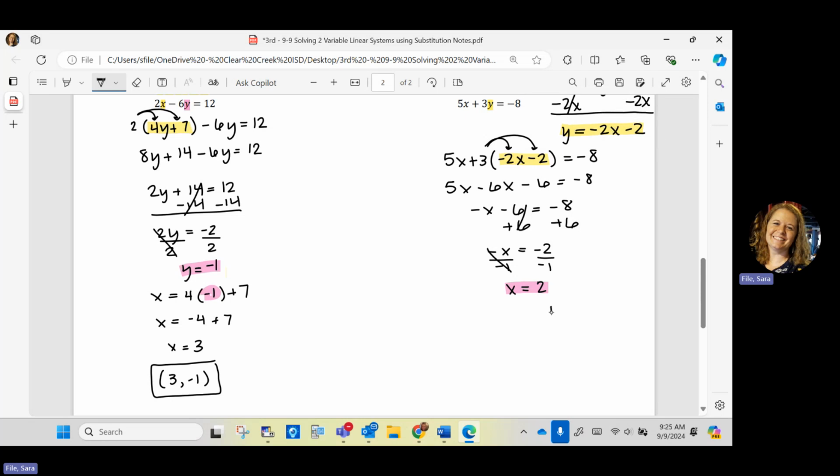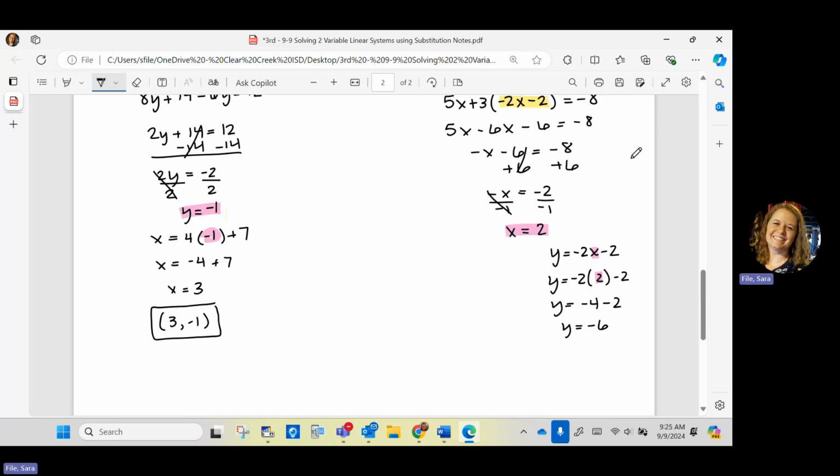So I'm going to come back to that y equals -2x minus 2, and that's where I'm going to plug in my x. Okay, and my x is +2. That is a lot of 2s. Okay, but I'm plugging that in there. So I end up with y is -6.